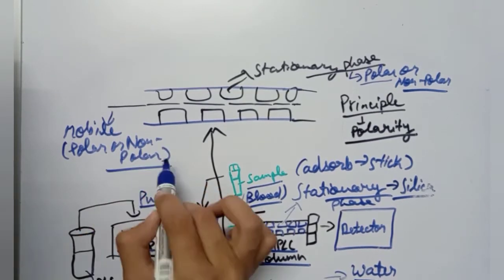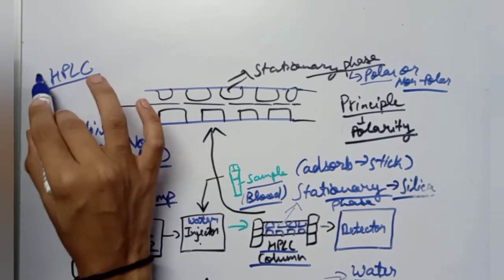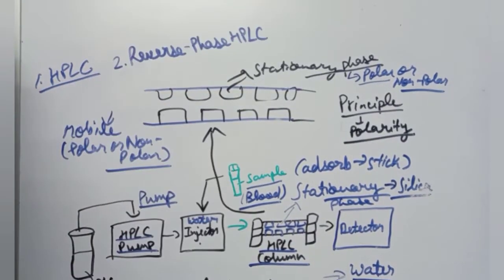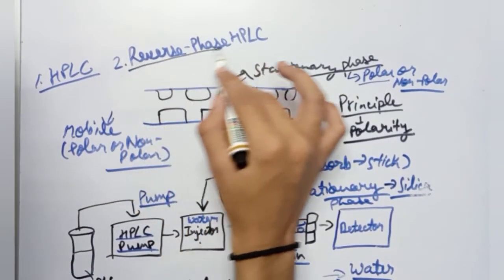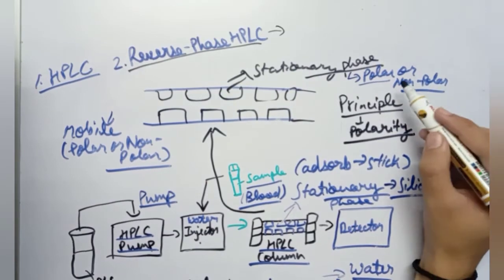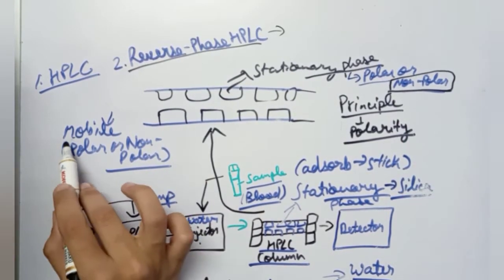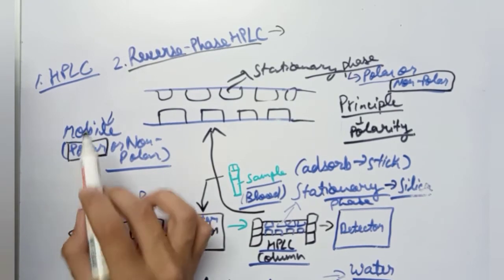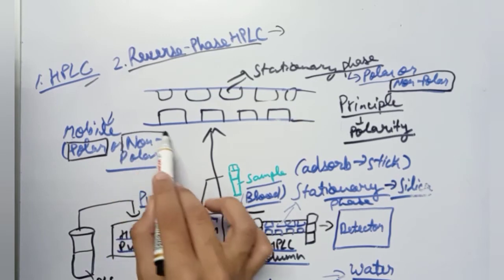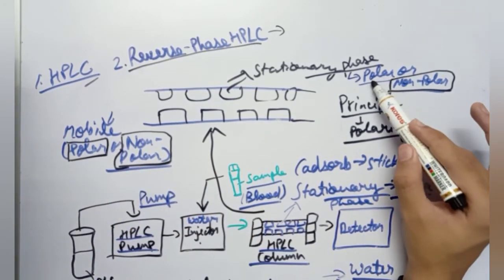So on this basis, HPLC is of two types. First is normal HPLC, which is called HPLC only, and the second type is reverse phase HPLC. In reverse phase HPLC, a non-polar stationary phase is taken and a polar mobile phase is taken. But in simple HPLC, a non-polar mobile phase is taken and a polar stationary phase is taken.